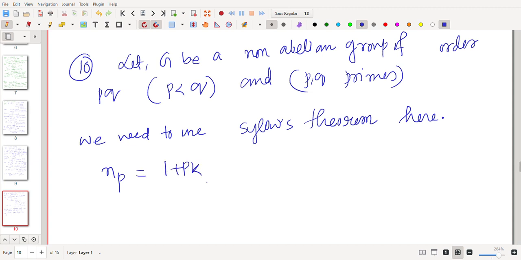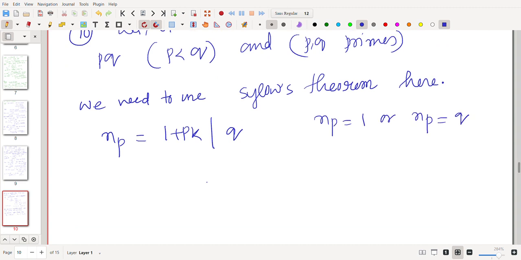So the number of Sylow p-subgroups is 1 plus pk that divides q. That means n_p equals 1 or n_p equals q. And the number of Sylow q-subgroups is 1 plus qk, that divides p.